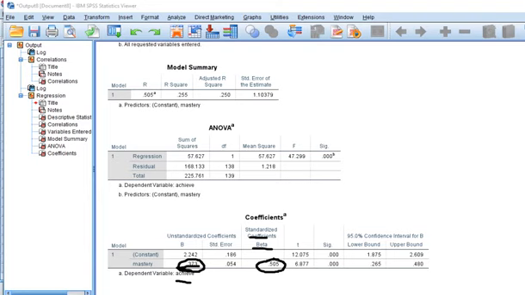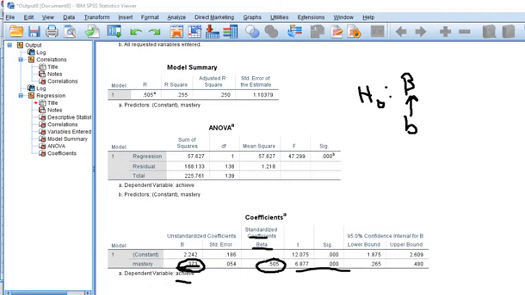The other thing to note is that when we're testing hypotheses concerning the unstandardized regression coefficient, technically speaking, the null hypothesis in all cases will be, and I'm going to use a designation of beta here, that our regression coefficient from our sample, which is the 0.373, is serving as an estimate of the population regression coefficient.